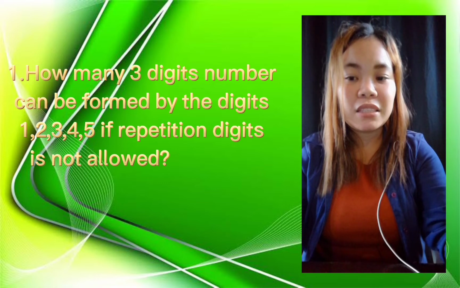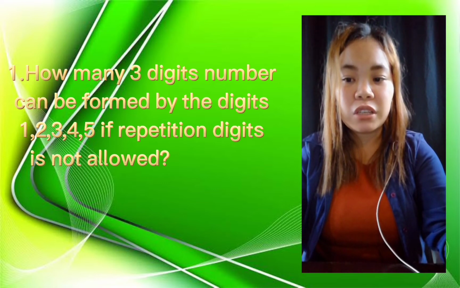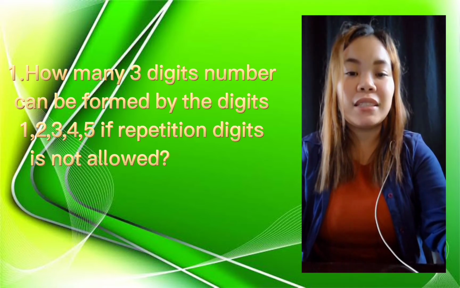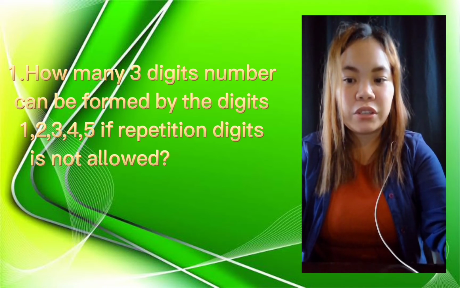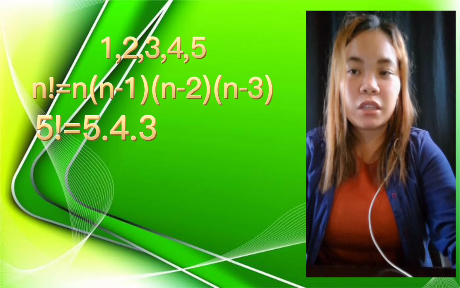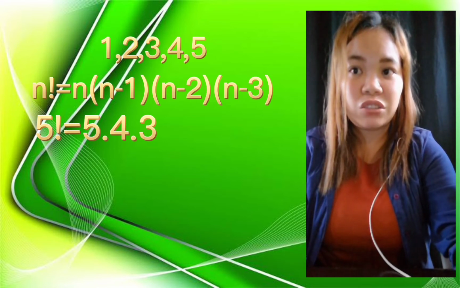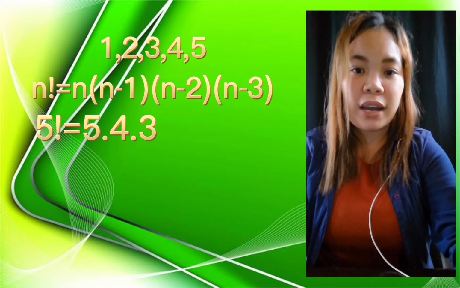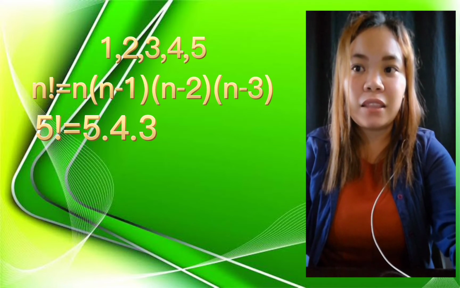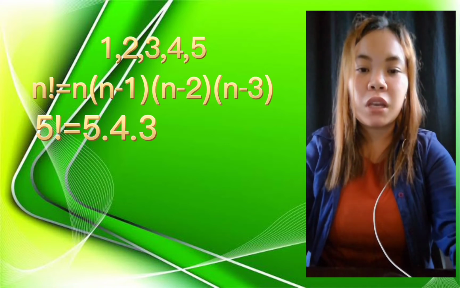In this example, we are going to form the first digit, the second, and the third digit. For the first digit, we have 5. Write down the 5 as our first digit. 5 minus 1 is equal to 4. So 4 is our second digit.